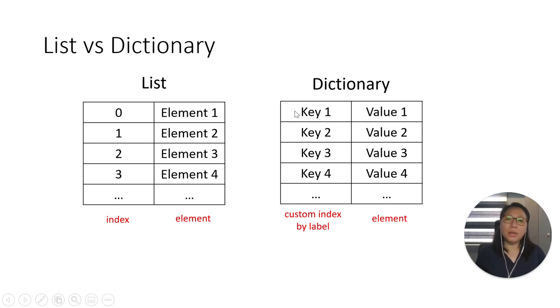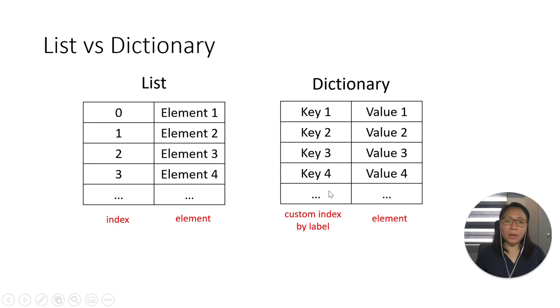So here, instead of having numeric indices, in a dictionary the index is custom made, and we call these keys, which are labels. And let's say for key 1, there is a value associated with key 1.